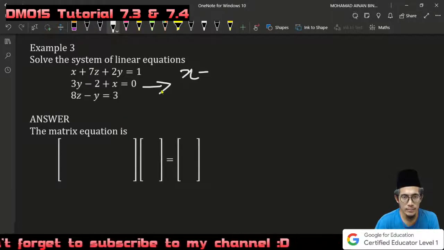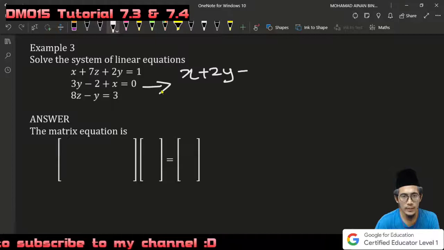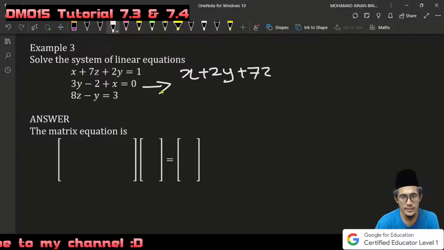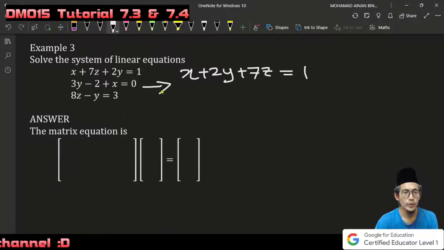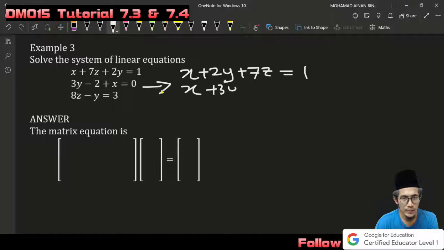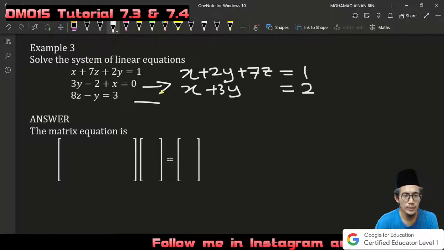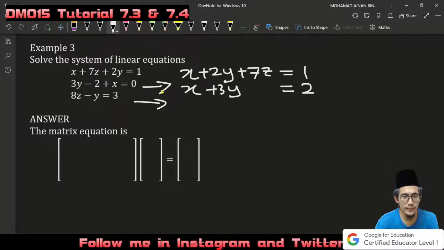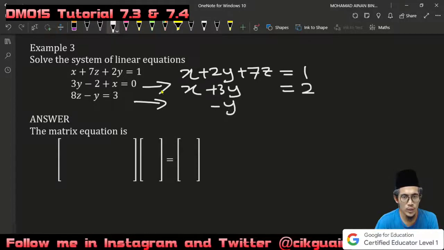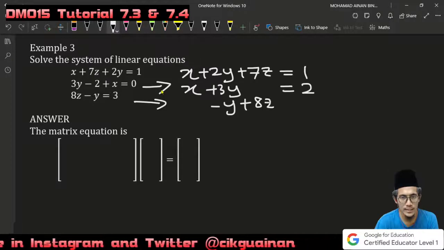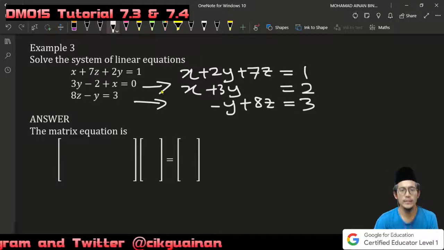So, X plus 2Y plus 7Z equals 1. This one we tidy up: X plus 3Y equals 2. And then this one, there's no X, so minus Y plus 8Z equals 3.